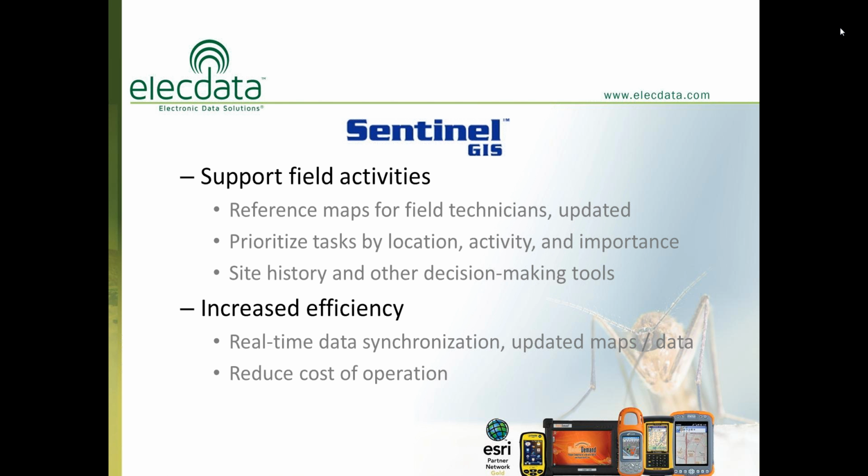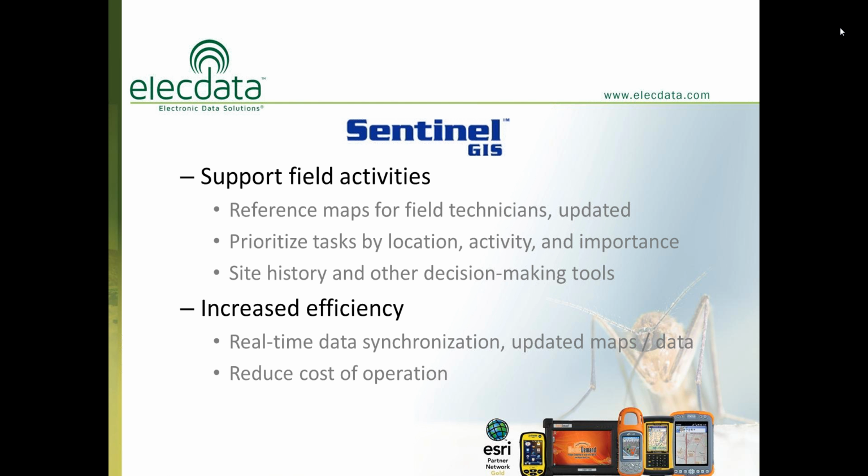Additional functionality found in Sentinel GIS. The tools in Sentinel GIS are really designed to support field activities. Some examples of this would be providing reference maps for the field technicians to use. On the handheld devices, the technicians are able to see their position in relation to background map information, used for navigation, used for decision making.